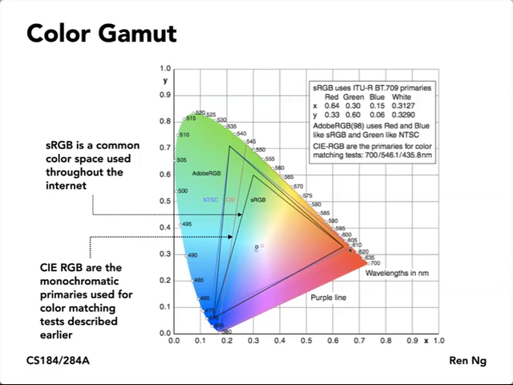What are the corners of the triangle? The corners of the triangle represent the position in chromaticity space for the specific red, green, and blue pixels in that color reproduction system. Okay, so for NTSC, for example, or Adobe RGB, here's the green, here's the red, and here's the blue that are used in those standards, okay?